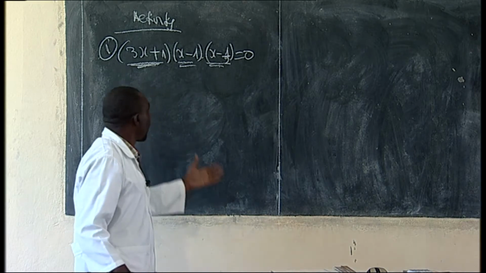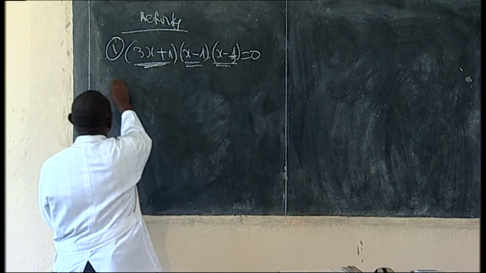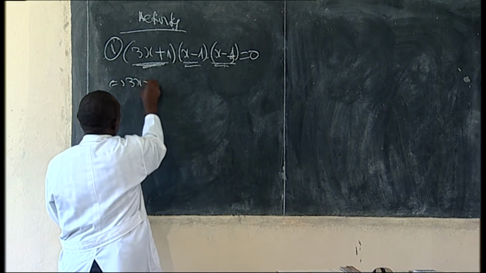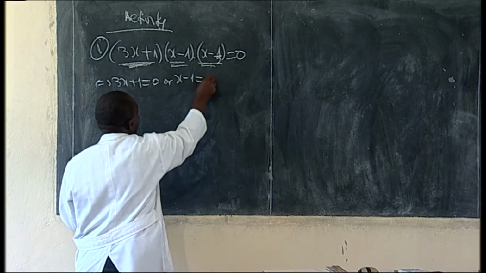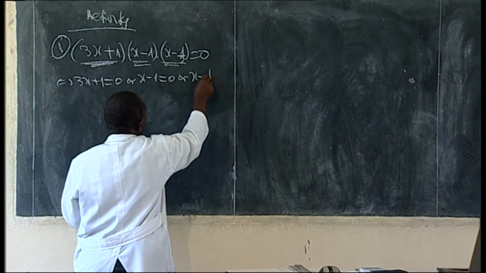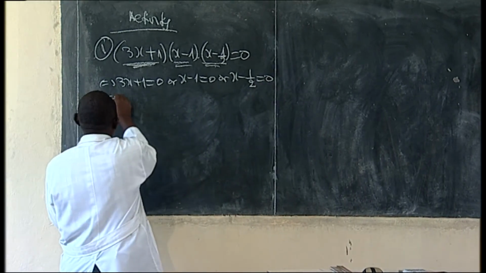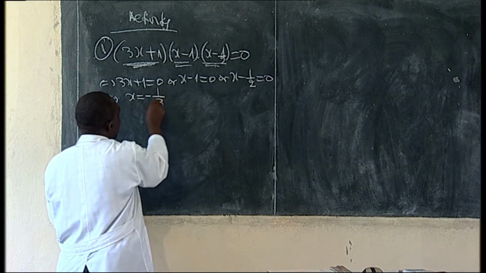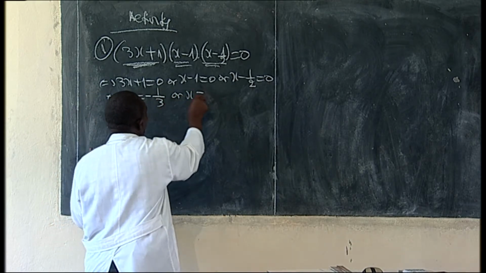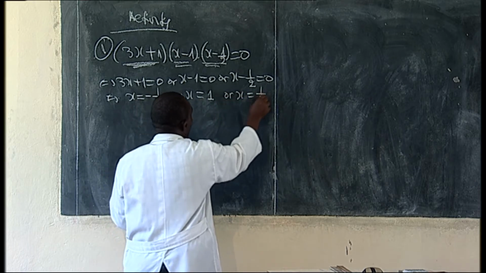So it means that each factor equals 0. So I'll be having 3x plus 1 equals 0, or x minus 1 equals 0, or x minus a half equals 0. Then solving for x, here I get x equal to -1/3, here x is equal to 1, and here x is equal to a half.